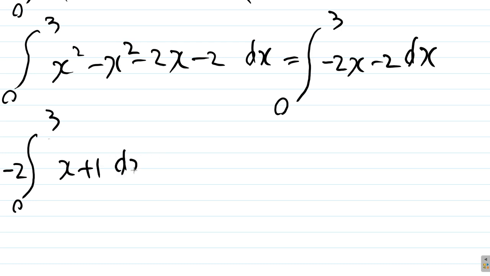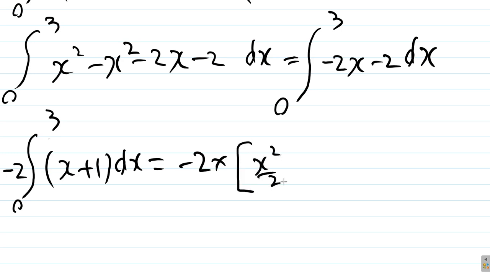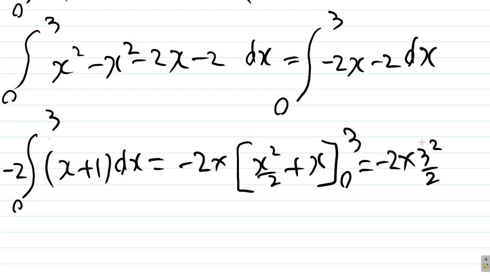When you integrate, you have negative 2 times x squared over 2 plus x from 0 to 3. Well, this would be 3 squared over 2 plus 3 minus, this would be 0, because you'd have 0 squared over 2 plus 0, right?